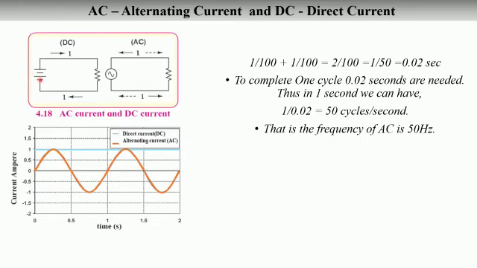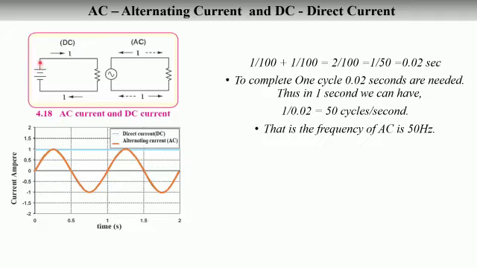Here we have the diagram for direct current and alternating current. The symbol for direct current has been shown here, one short and one long line. Here we have two cells, hence it's a battery. Negative terminal, shorter line, positive terminal, longer line.